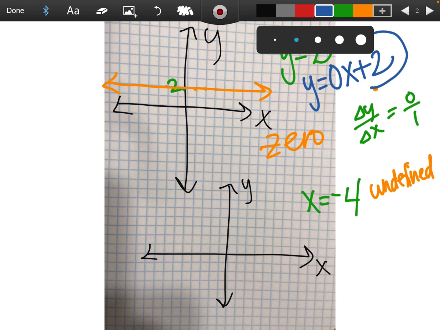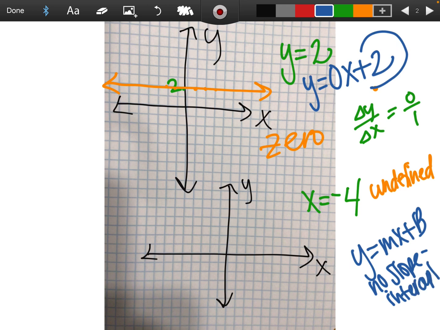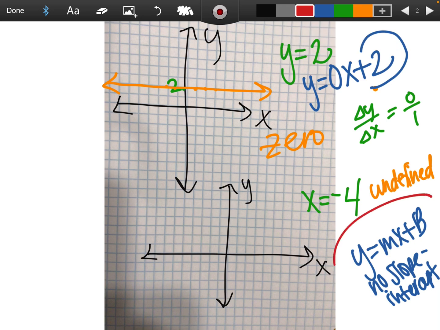All right, let's take a look at this bottom one. So let me write this again. The top is 0, and this bottom one is going to be undefined. Okay, so if you have an undefined slope, I know some people like to say no slope. There is no slope at all to this line. So if I think about the form that we've been using, it's called slope-intercept form.